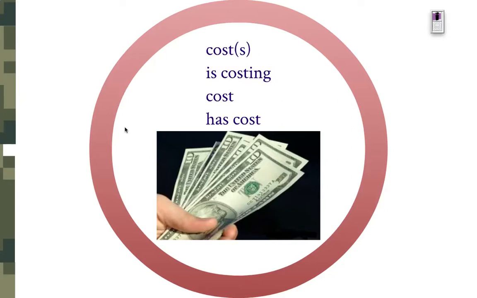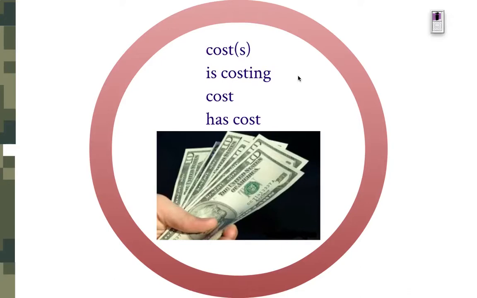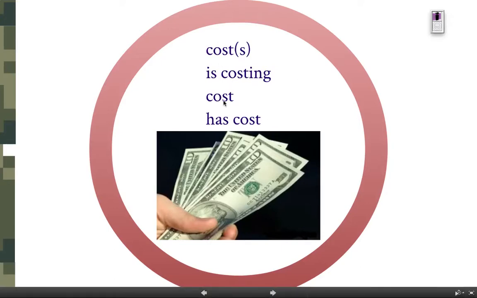So you could say that activity costs a lot of money. You could say your attitude is costing you minutes off at recess, because that's happening right now, right? You could say yesterday's lunch cost more than today's. That's past.